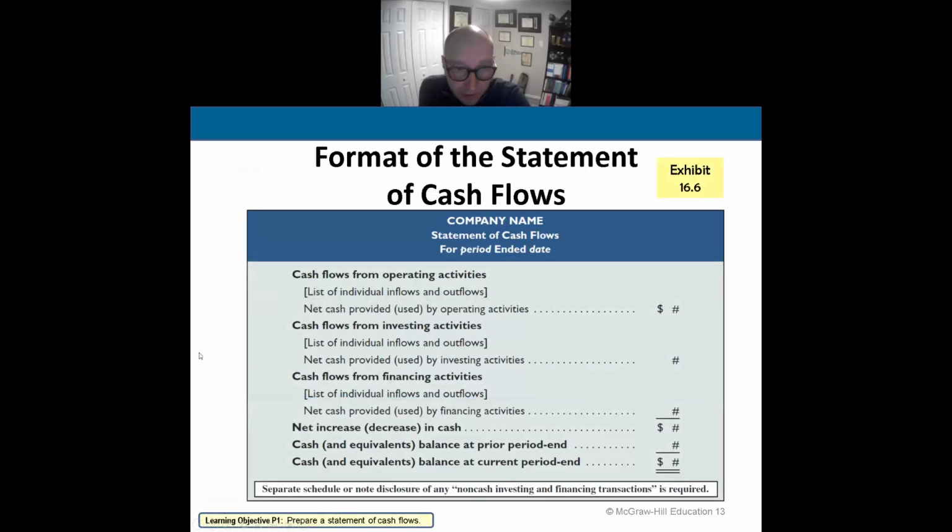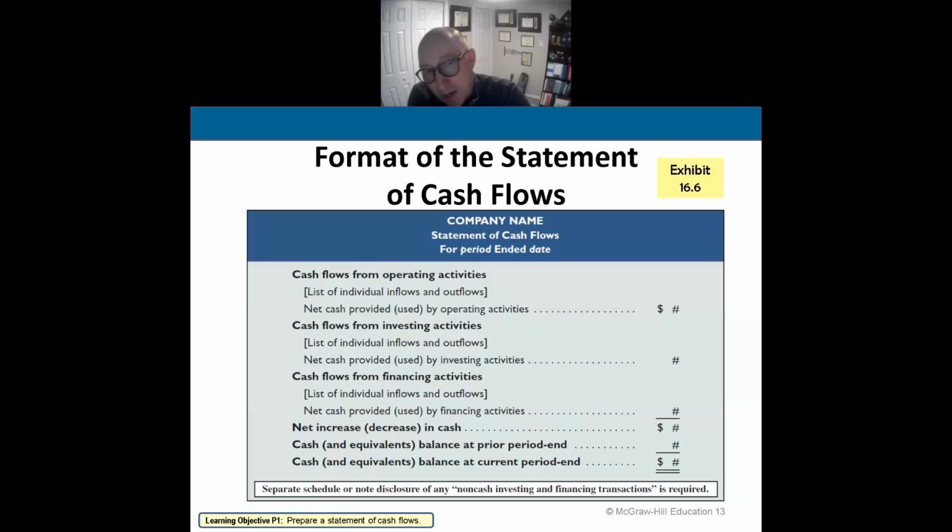So let me show you what a statement of cash flows looks like. For operating activities, cash coming in from our customers minus cash going out for operating activities equals net cash flow for operating activities.